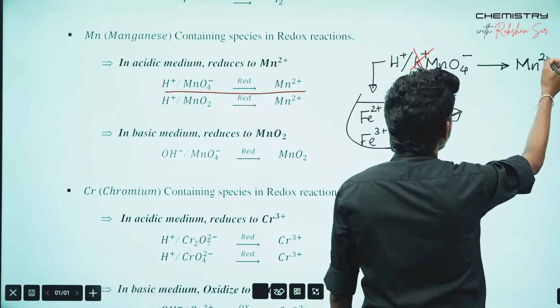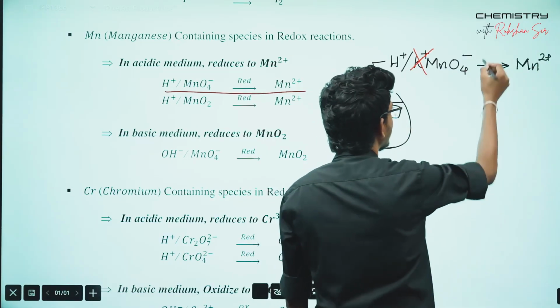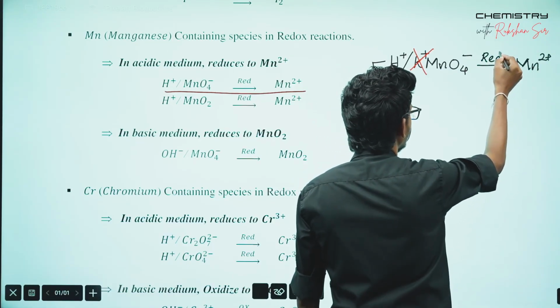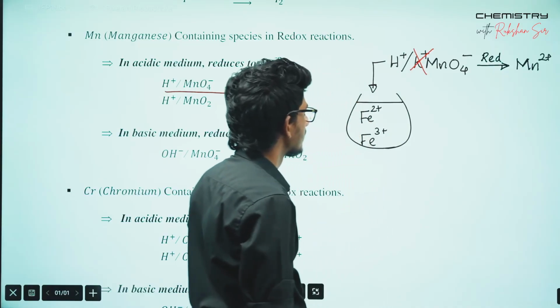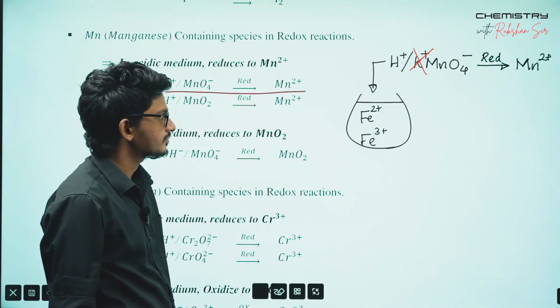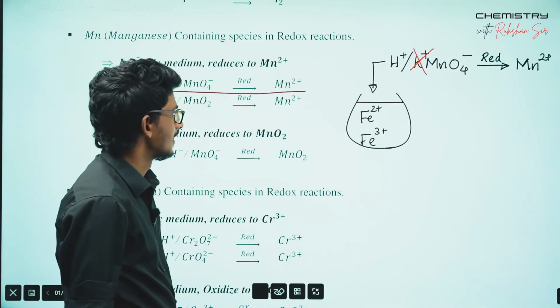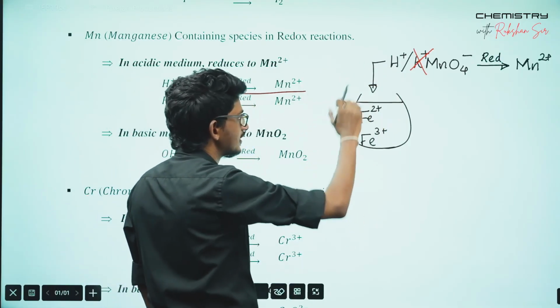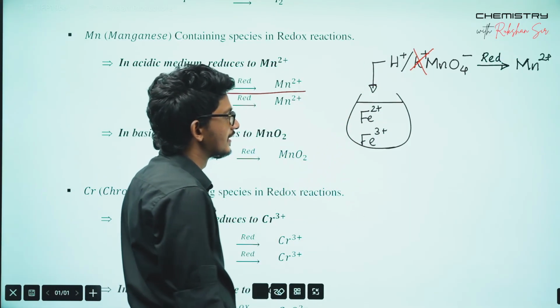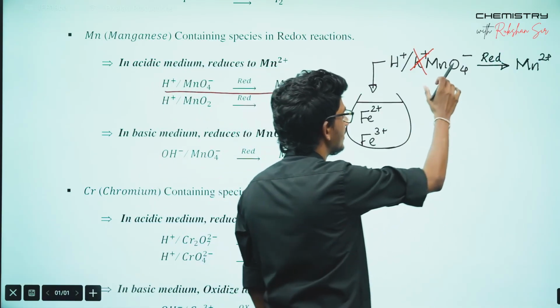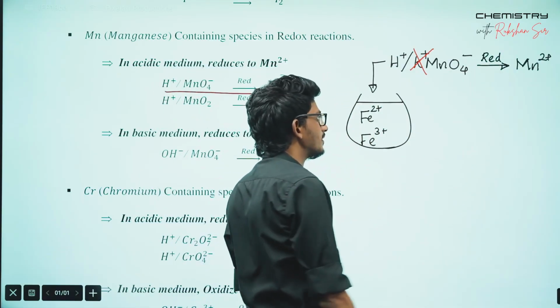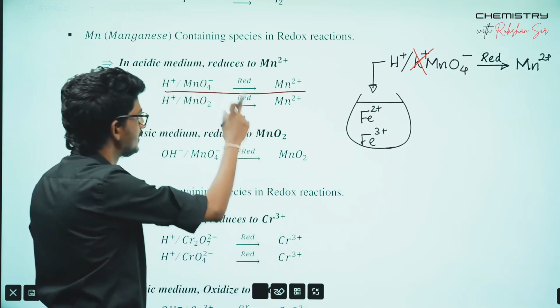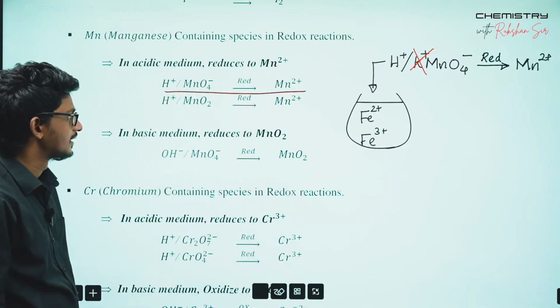That you should know. Some reduction will occur towards Mn2+. If you have added MnO4- in acidic medium, only a reduction could occur, and it is towards the Mn2+.